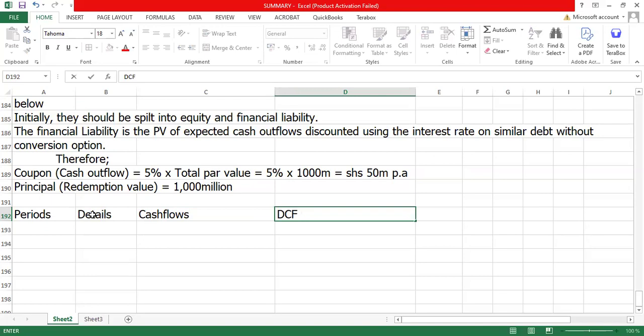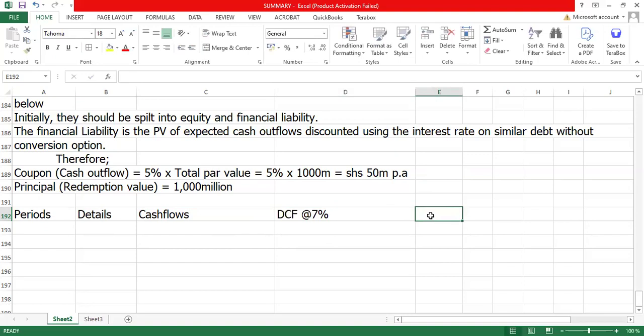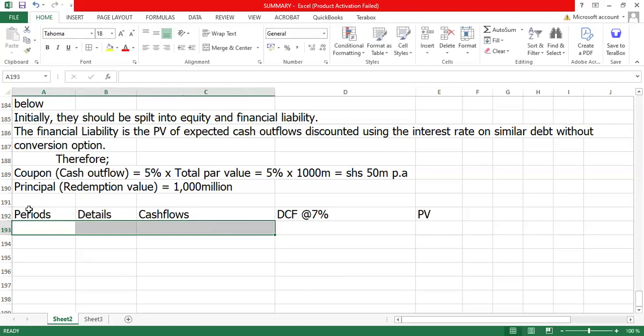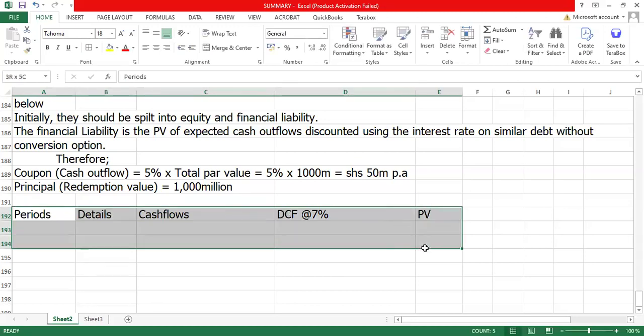So the interest rate without conversion is at 7% from the question. Then you get the PV. Do this very fast.